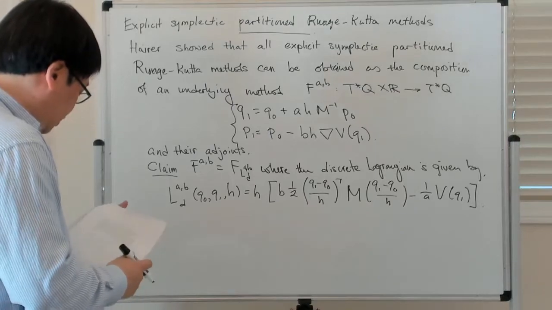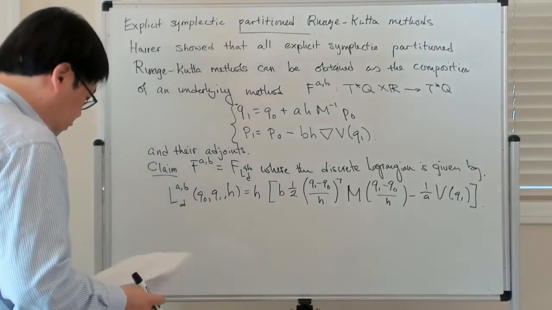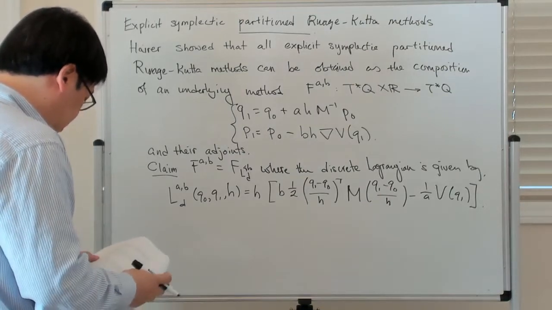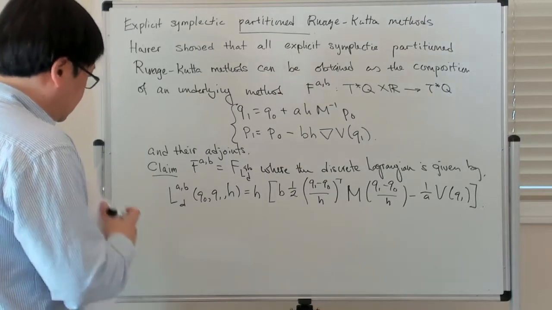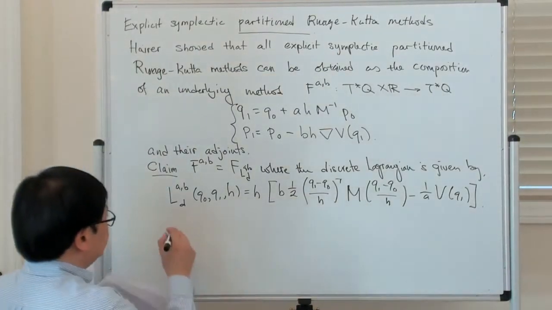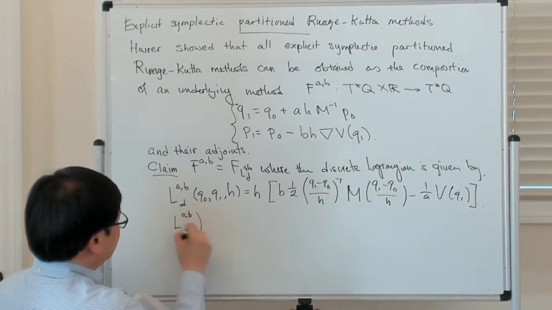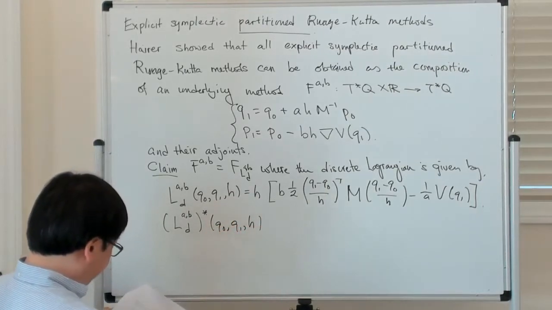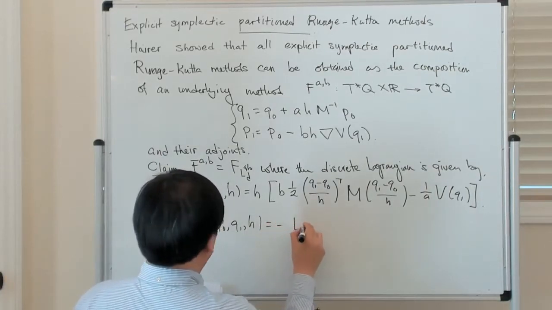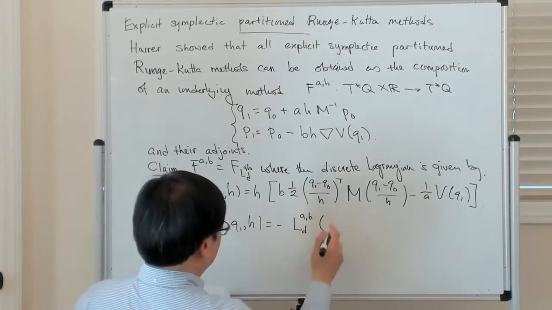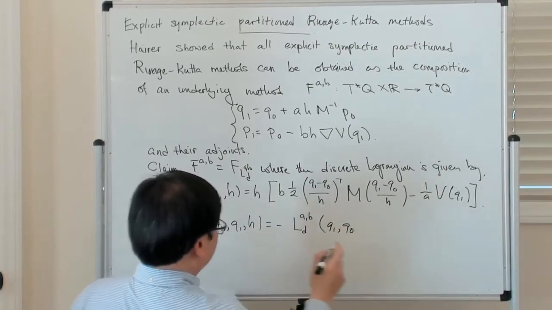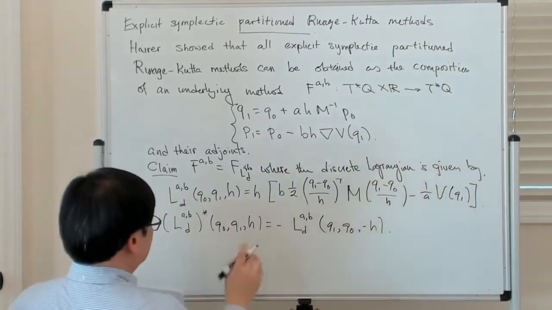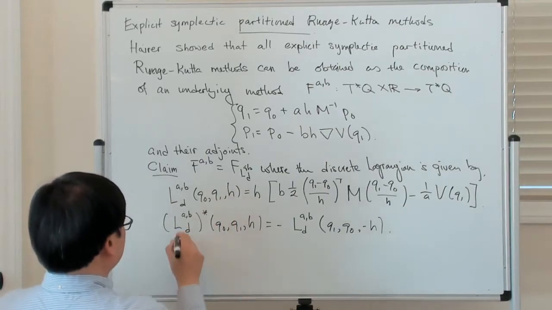So there's the adjoint L_d^AB star(Q0, Q1, h), which is equal to minus L_d^AB where you swap the order of the parameters and change the time step to minus h.